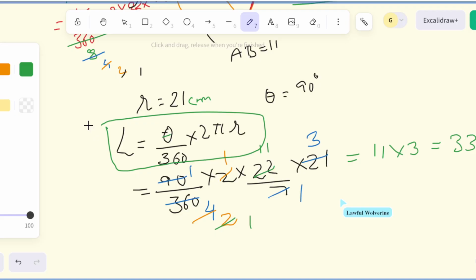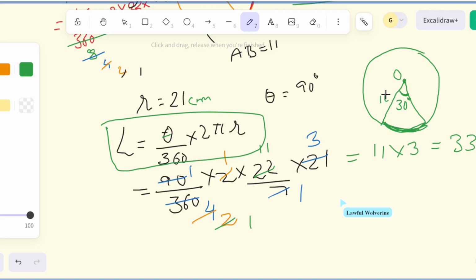For example, if this is a circle, this is center O, and this is the arc which we need to find the length of. Find out what angle the end points of this arc are making here. If it is 30, things are done. And what is the radius?